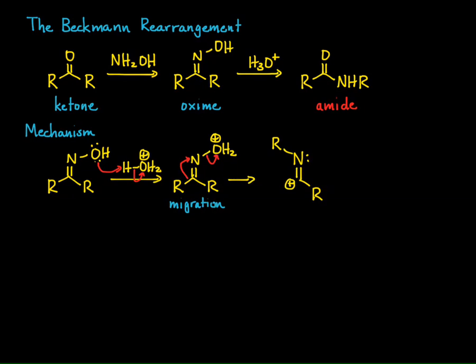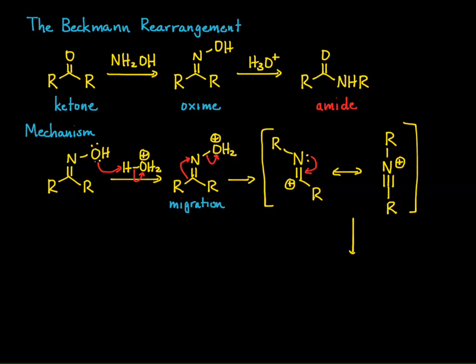And of course, I can draw a resonance stabilized structure by donating a pair of electrons from the nitrogen into that alkenyl carbocation, and I form this nitrilium cation type species.